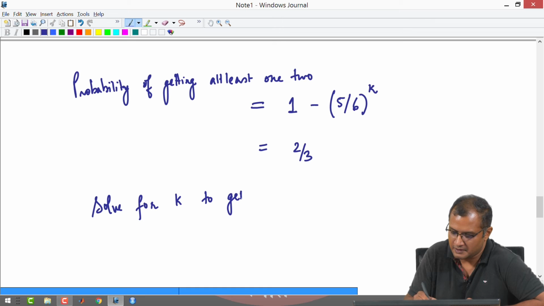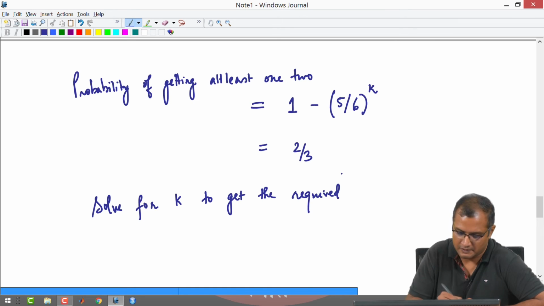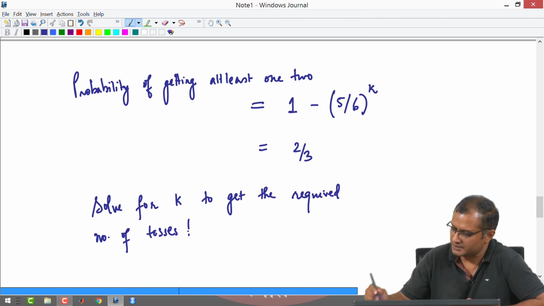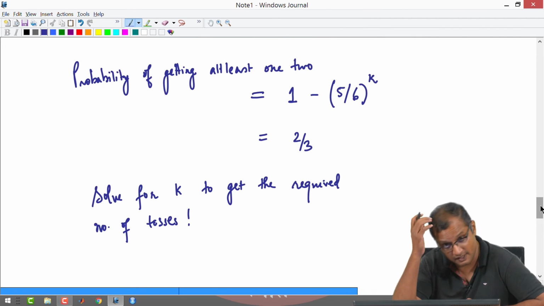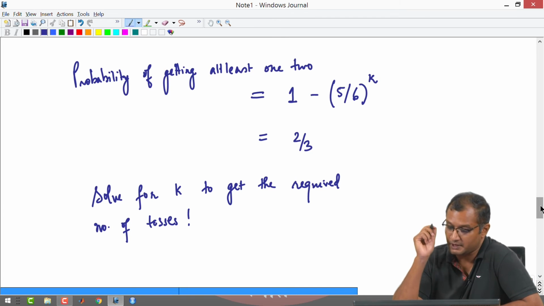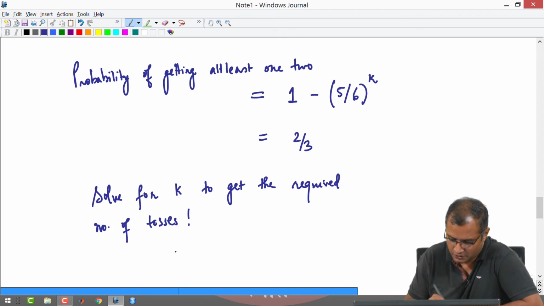I need the required number of tosses, because k is the number of tosses. So, at the end of this problem, I would get the total number of tosses required such that the probability of getting a 2 becomes 2/3. You solve this equation for k.